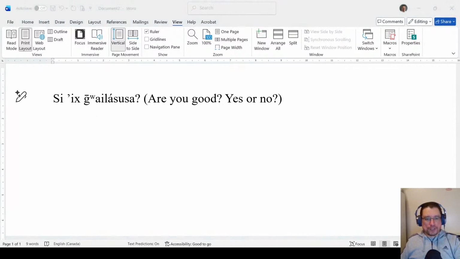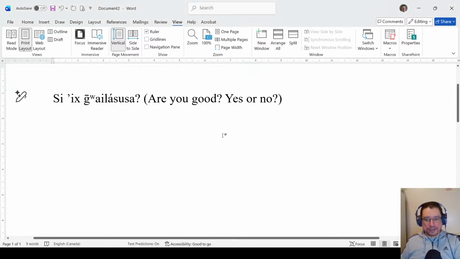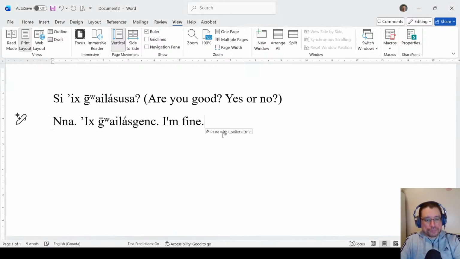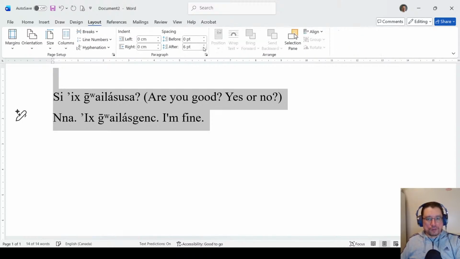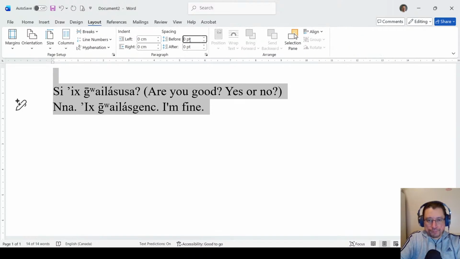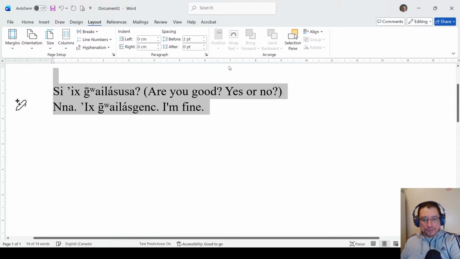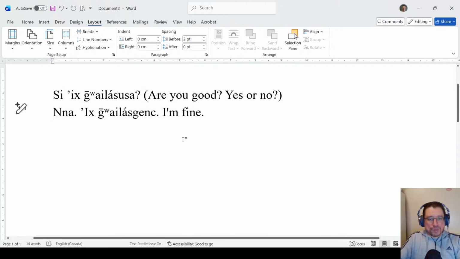And then I'm just going to copy and paste the next line and work that into this document here. So there's a few things that I have to change here. The next line is na eich gwelaskins.